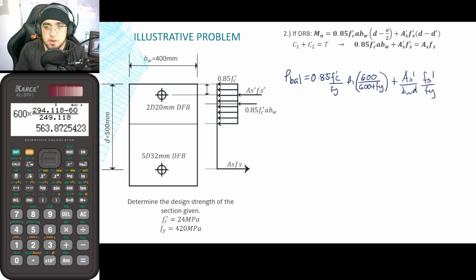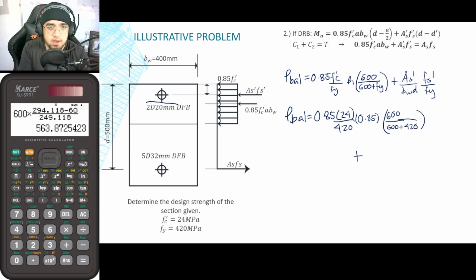Substituting known values here, rho balanced is now equal to 0.85, our F prime c is 24, divided by Fy of 420 times beta 1 of 0.85 times 600 divided by 600 plus 420, plus what is now As prime. For As prime, we have two pieces of 20 mm diameter rebars, so 2 times pi over 4 times 20 squared divided by b w d.